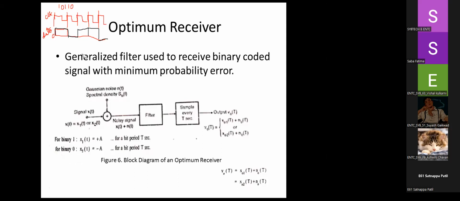This part you can erase because we have to take it as 1 only, right? This is our information, right?